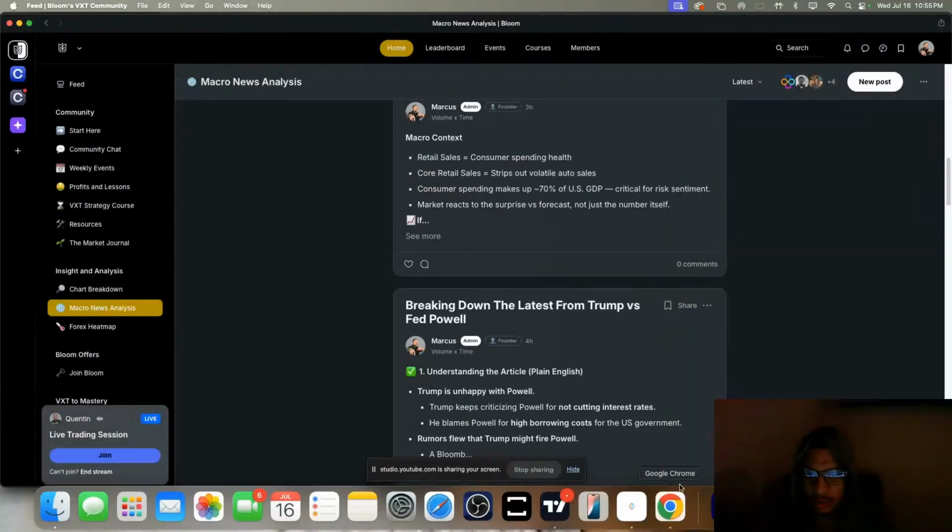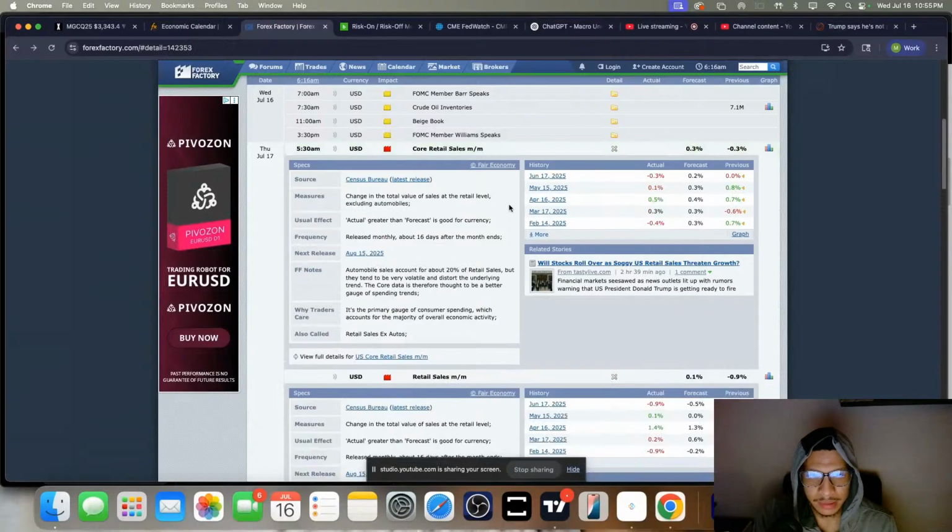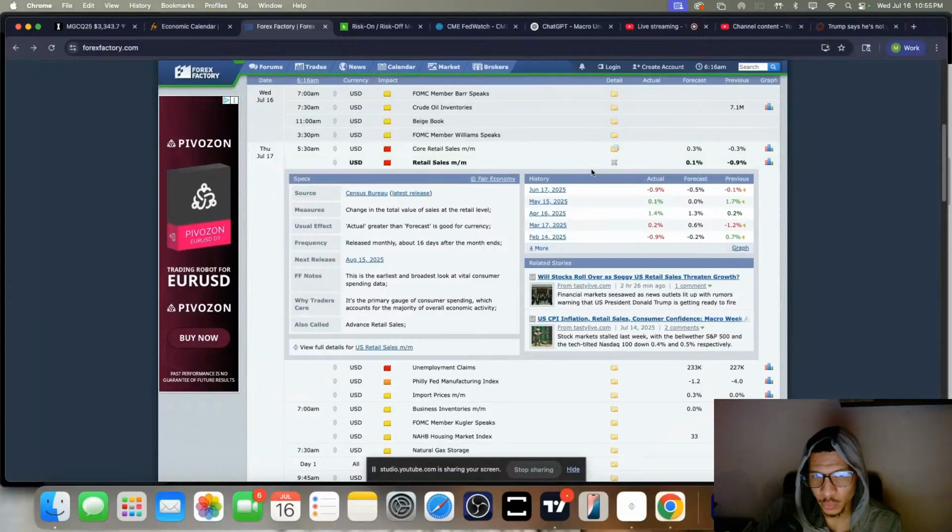You know what we can do? Watch this. You just click on the little folder, right here. So yeah, it excludes auto. The normal retail sales includes auto, which makes these numbers more volatile, which is why you see them all over the place. Now, does that mean it doesn't matter?